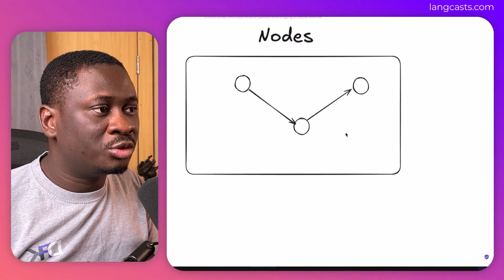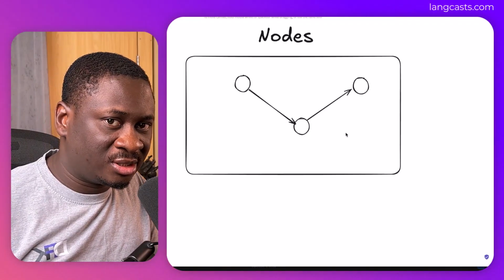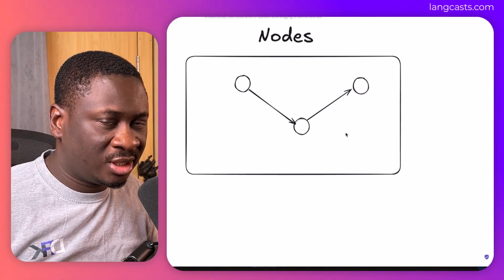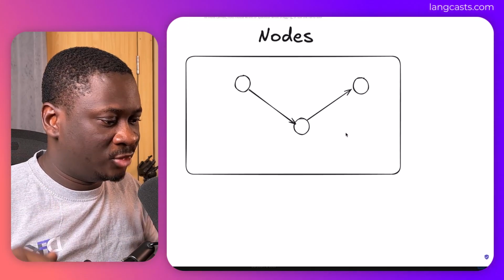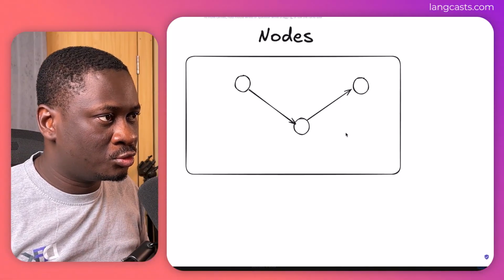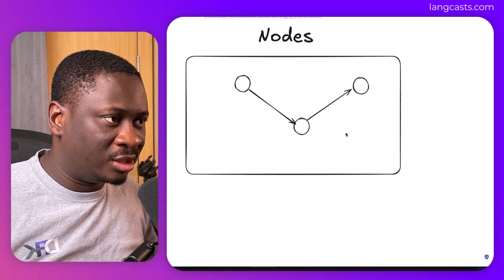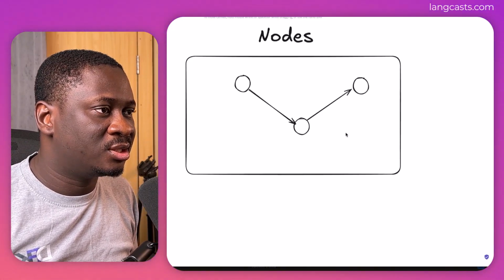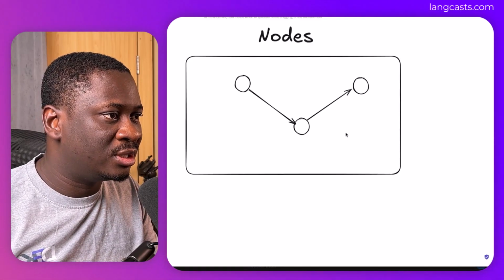Typically, nodes take in state and return an update to state. We've already looked at state in LangGraph. Nodes take state, read it to do their processing, and return an update to state. If they have no update, they can simply return the entire state and everything just remains as it is. But in this video, we're also going to see some other things that nodes can take in.